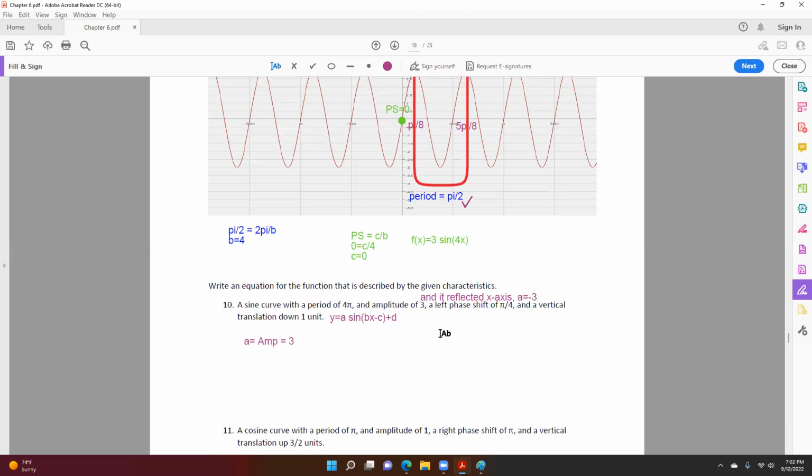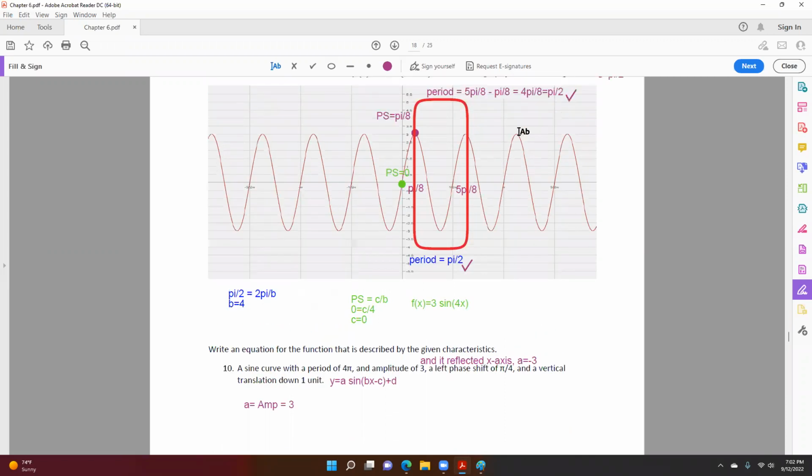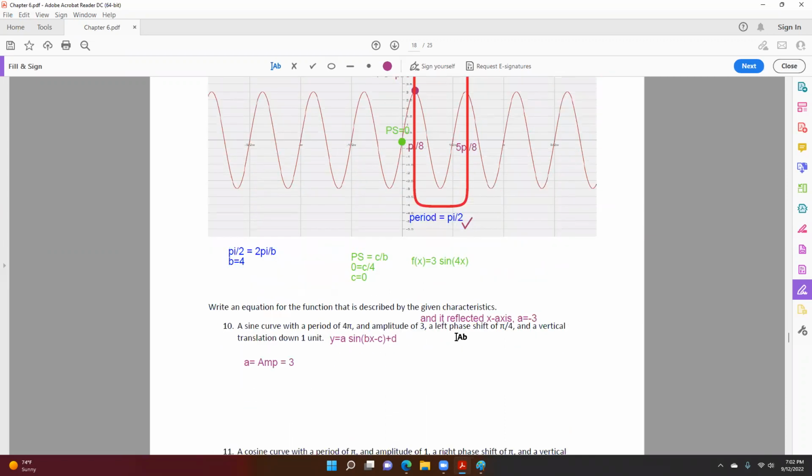The reason is that if it's reflected to the x-axis, your graph is going to go upside down. That means you don't get a hill and a valley, you get a valley and a hill. So your A will be -3.